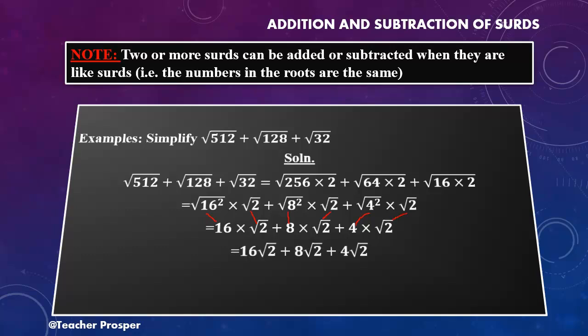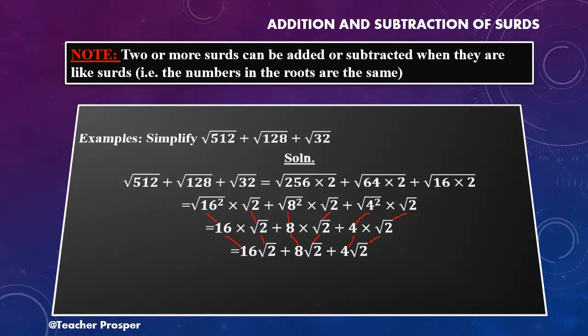So when we multiply, we are getting 16 root 2, and we are getting 8 root 2, and then we are getting 4 root 2, and that is what we have over here.